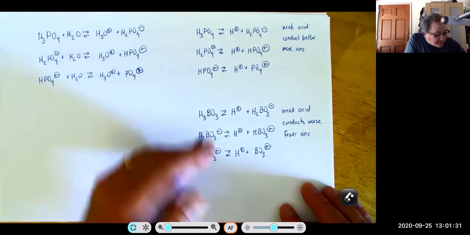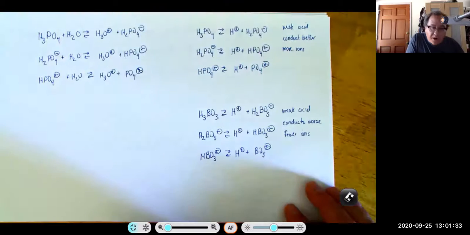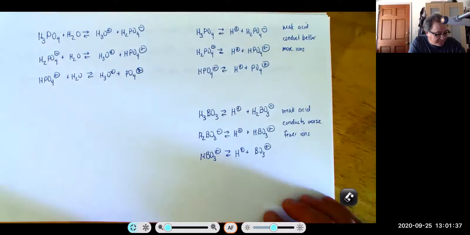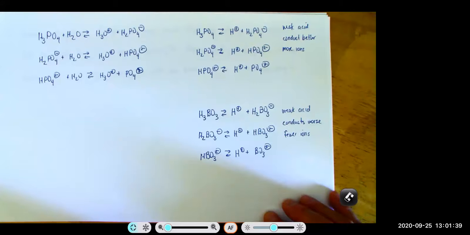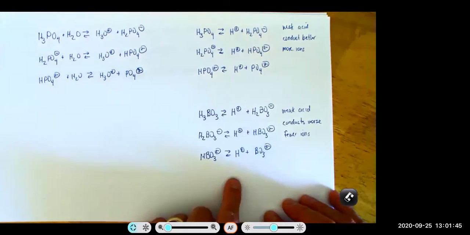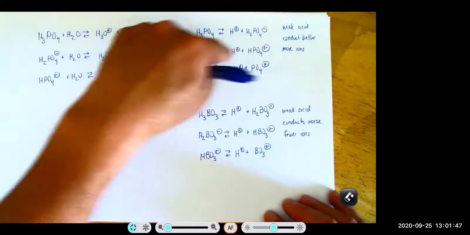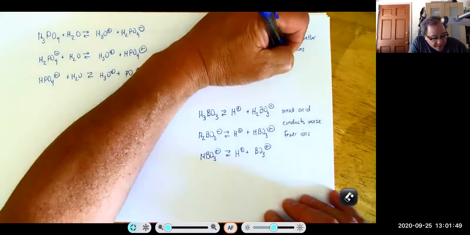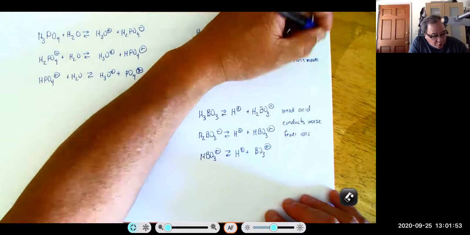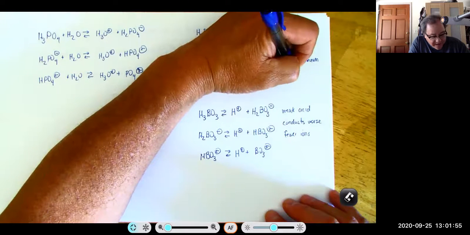So which one of these is coming apart better, the top or the bottom? Would it be the top? Yeah, well, do we get more ions here? Yeah. So how do we get more ions? We have to have more reactions. So more reactions means stronger acid.